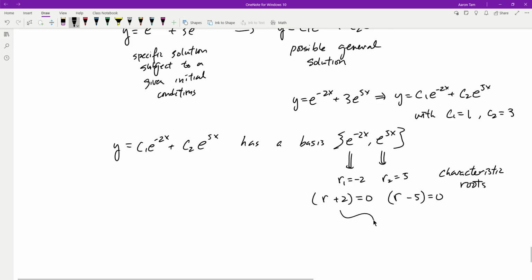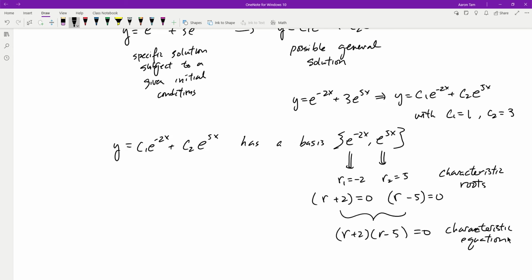Or actually, maybe I would say just r and r, because then that would generate r1 and this would generate r2, and therefore now I can reverse engineer my characteristic equation. So that becomes my characteristic equation, from the two characteristic roots.